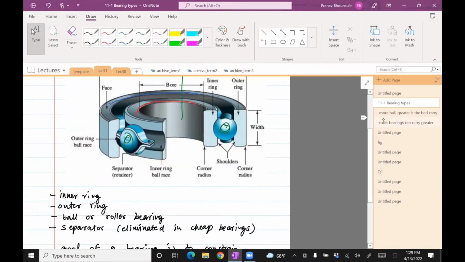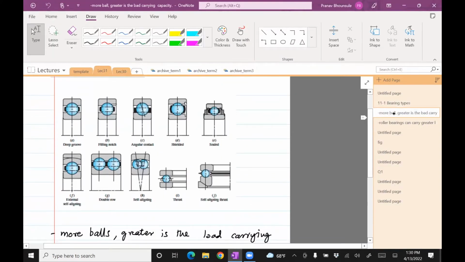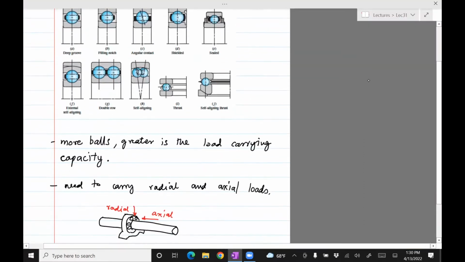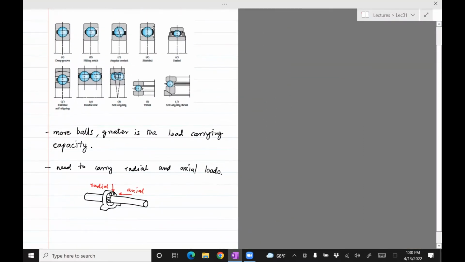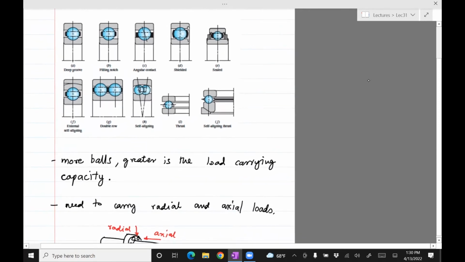Okay, so that's the introduction. These are a host of bearings. I won't go deep into any of them. They just depend on the application, and you'll use a different one. When you look at the application, sometimes it's obvious why you need a particular type of bearing.